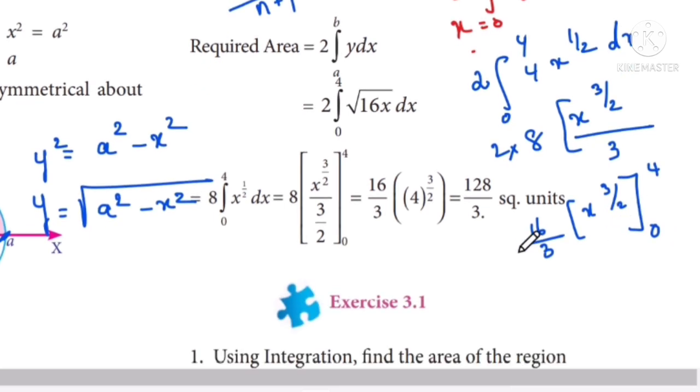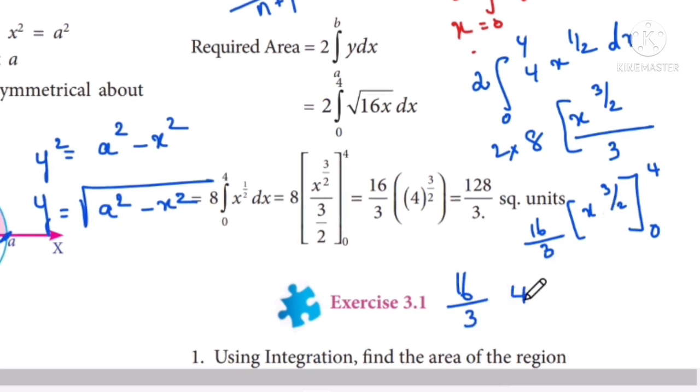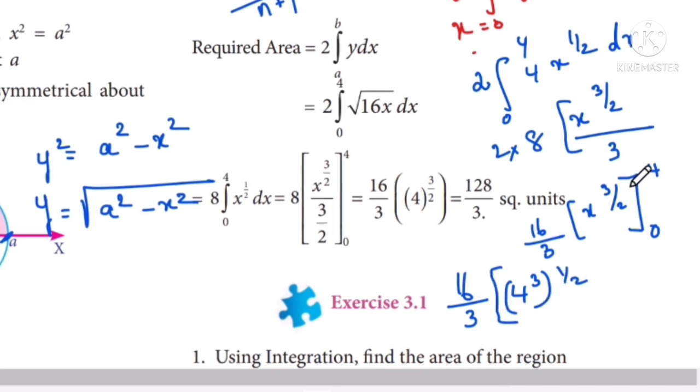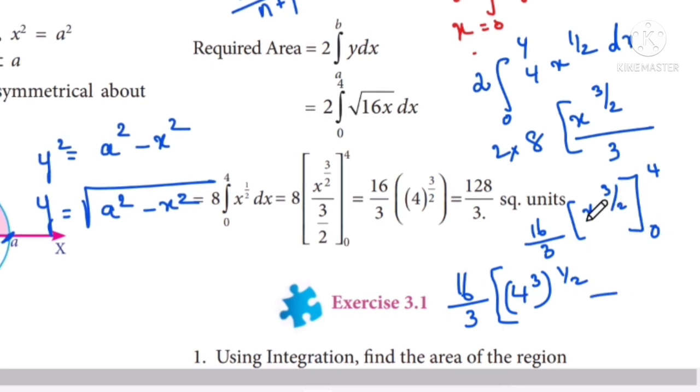So that is 16 by 3, and replace x by 4, the upper limit: 4 power 3 by 2, that is 4 cube, the whole power 1 by 2, minus the lower limit, which is 0. If you put 0, it will be 0 here.